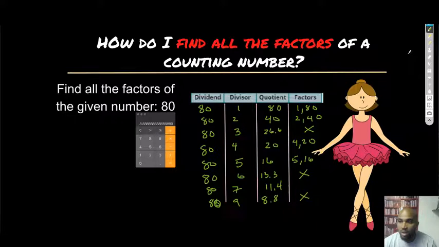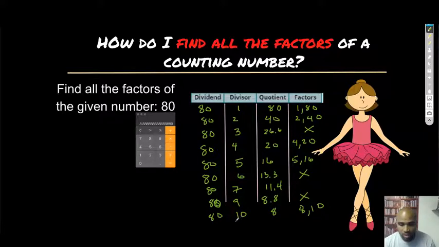Nope. And 80 divided by 10, I know that's going to work because multiples of 10 end in 0, and 80 does end in a 0, so that's going to be 10 times 8. So 8 and 10.